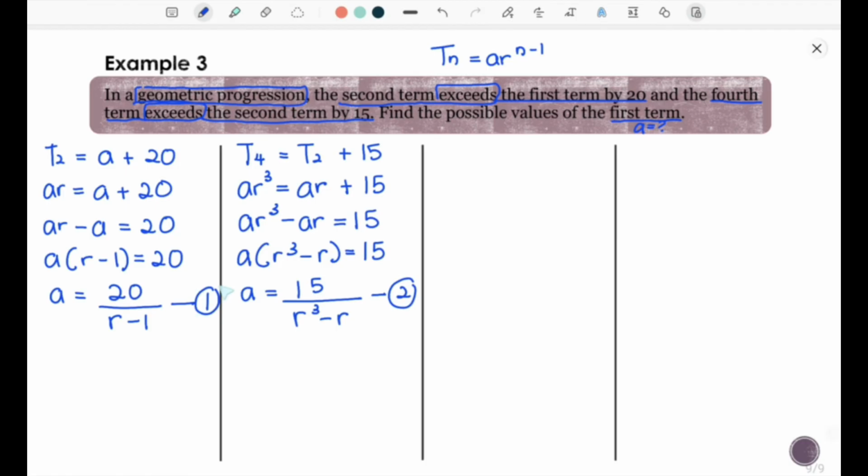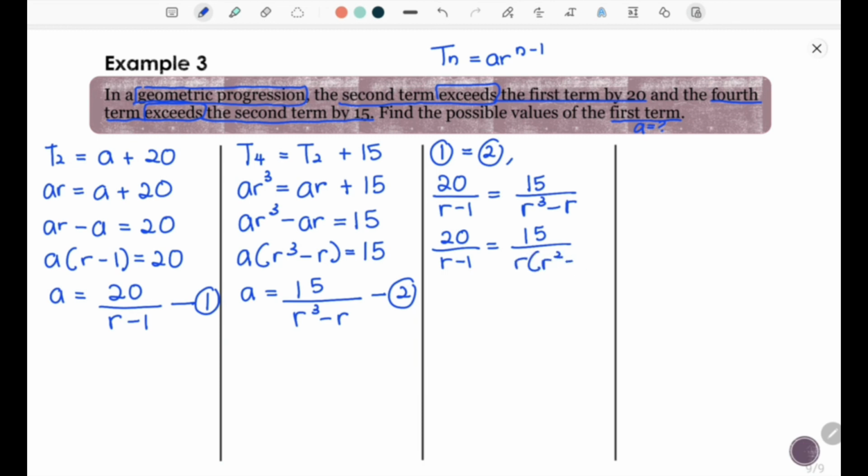So I will let equation 1 equal to equation 2 since we have the same subject, which is a. So equation 1 equal to equation 2 will be 20 divided by r minus 1 equal to 15 divided by r cubed minus r. Next, I will factorize this part, r cubed minus r here. So after factorizing, we get 20 divided by r minus 1 equal to 15 divided by r in the bracket r squared minus 1.